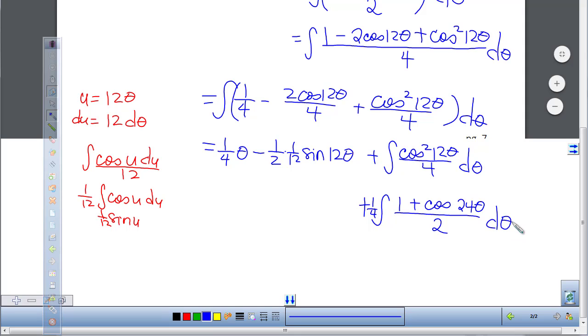Okay, and so now we get plus 1/4. Okay, the integral of 1/2 d theta is going to be 1/2 theta. The integral of cosine of 24 theta over 2 is going to be what?